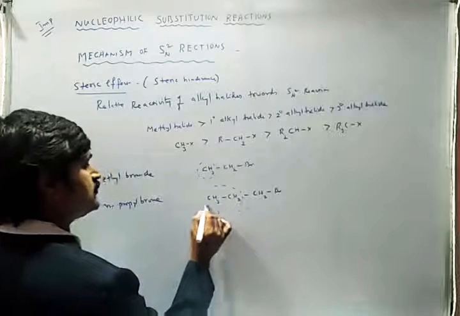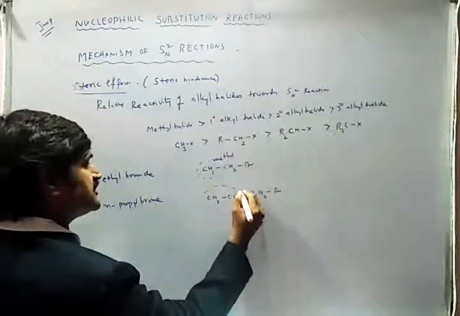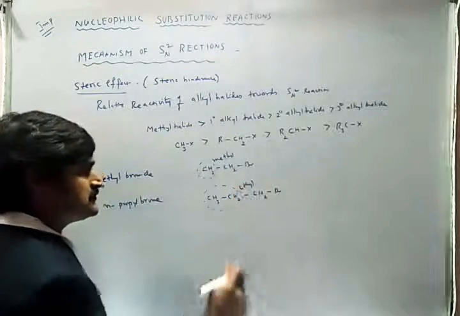Observe the size of the alkyl group here: this is methyl, this is ethyl.